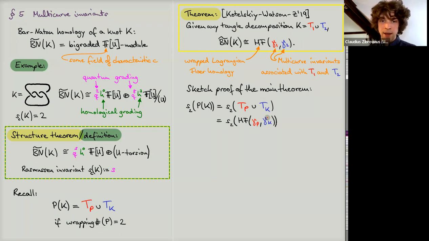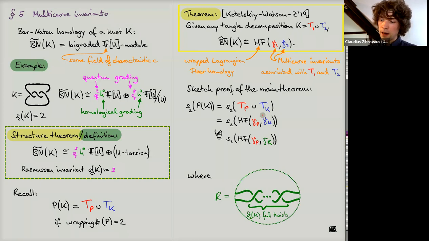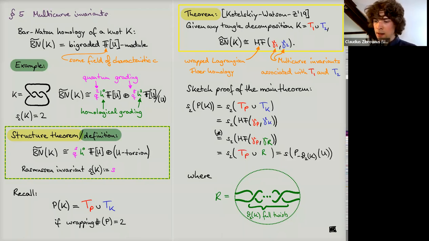And now the key step is that we can replace this multicurve for the companion by a certain curve, namely the multicurve that we associate with this very simple looking tangle, the rational tangle with just a number of twists, and the number of twists is precisely determined by this theta invariant of K. This is the main step, and once we've done this, it's again an application of the gluing theorem, but backwards.